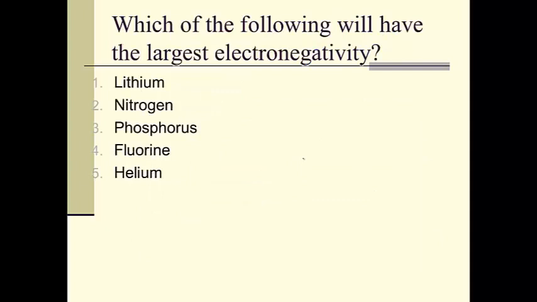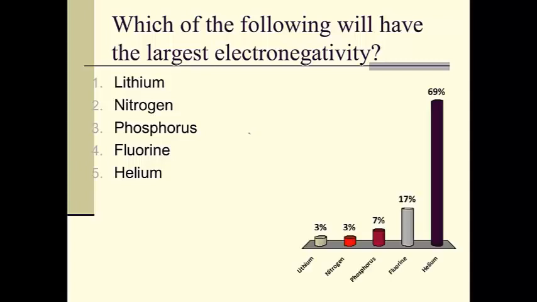Which of these will have the largest electronegativity? Again, find these on the periodic table, pause, and then come back and check your answer. Okay, the answer is fluorine. Ignore all this stuff here. Now, you may say, well, isn't helium smaller than fluorine?